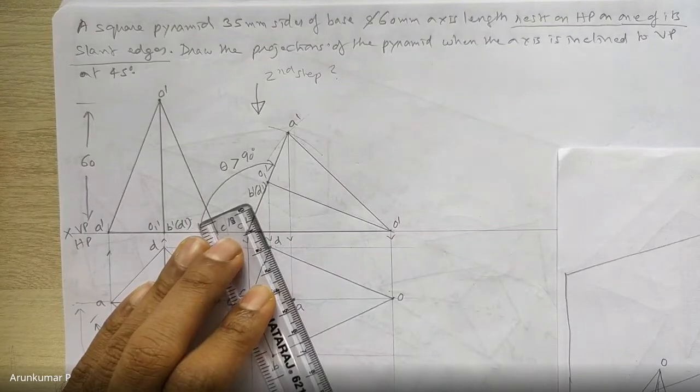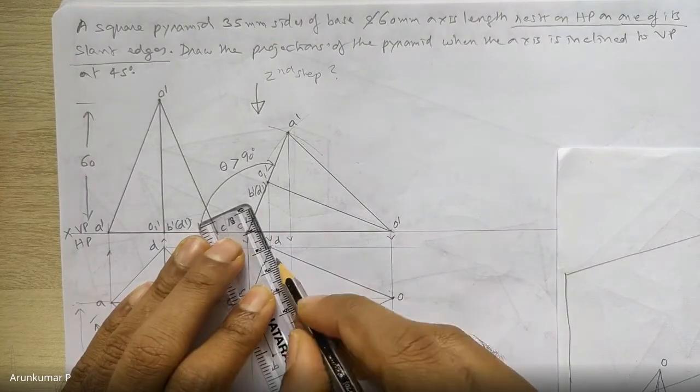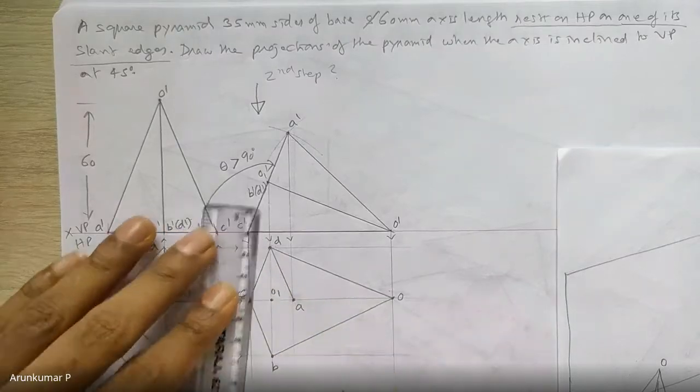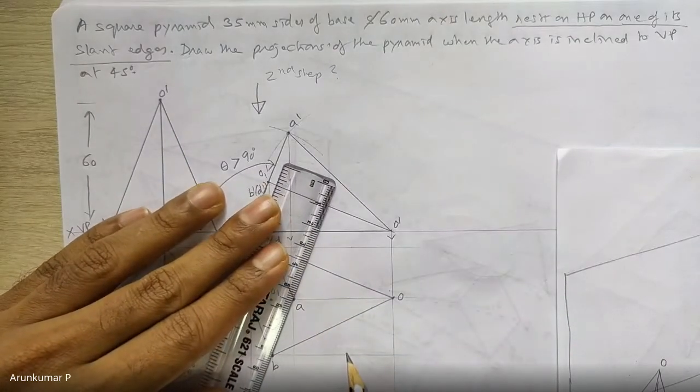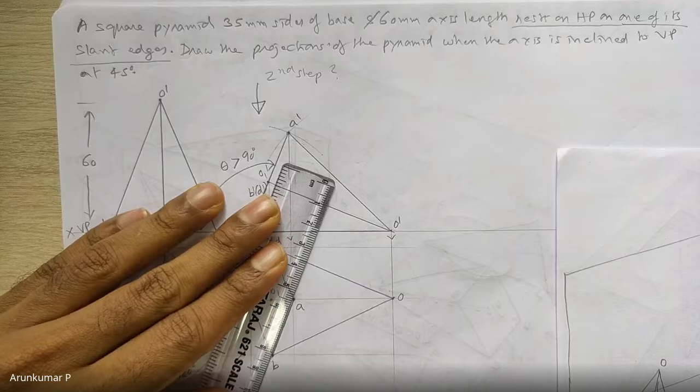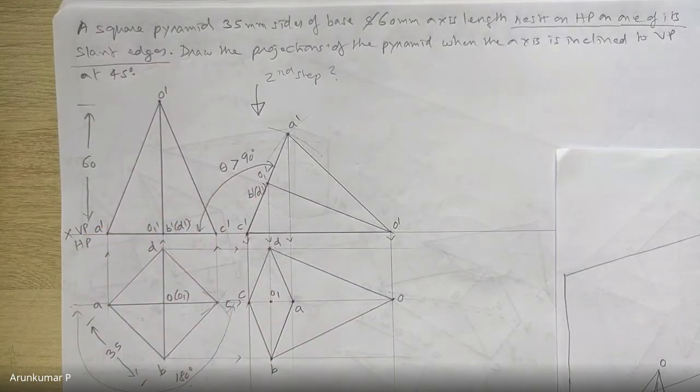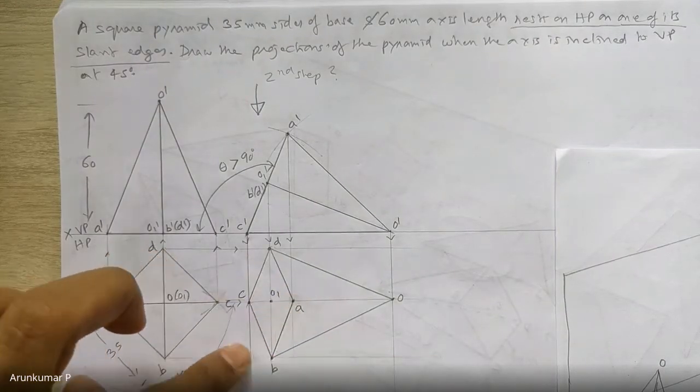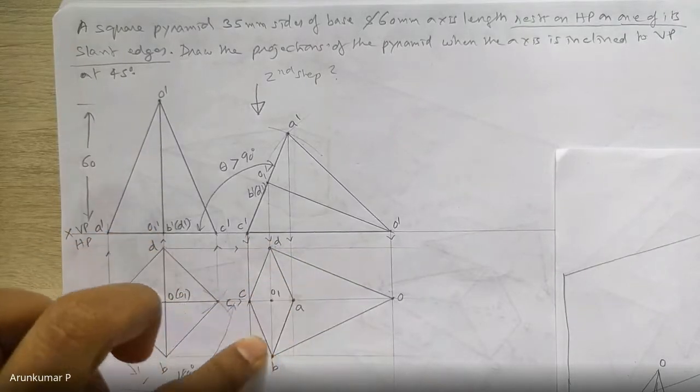So join A to D and A to B. So AD and AB, these are the two edges. This clearly indicates that the base is completely seen.